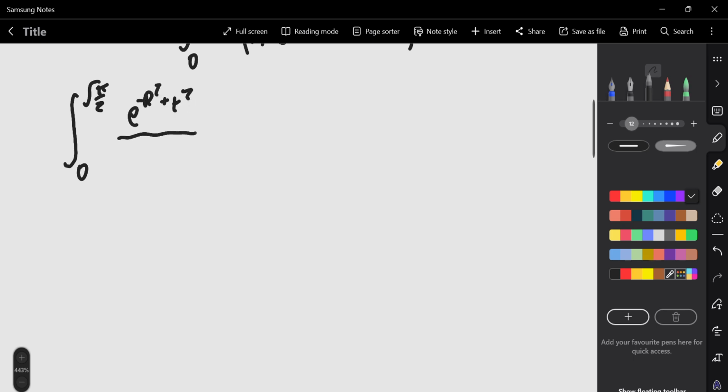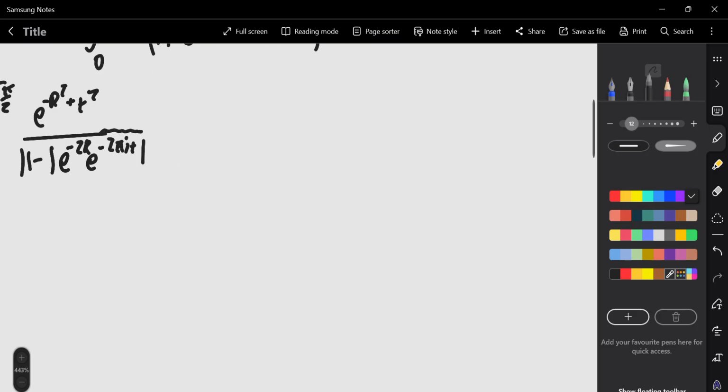I knew this would take all day to do this one part of the problem. 1 minus the absolute value of e to the minus 2r, e to the minus 2 pi it, dt.